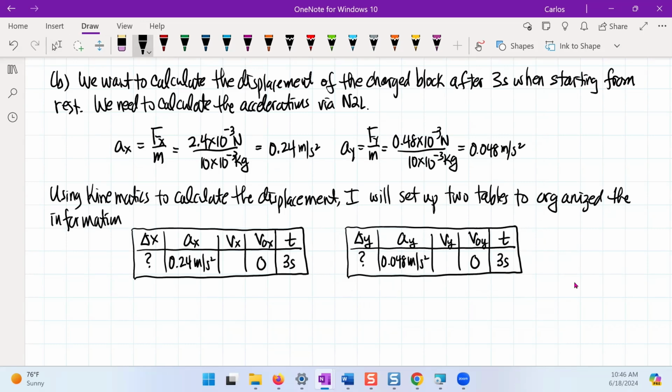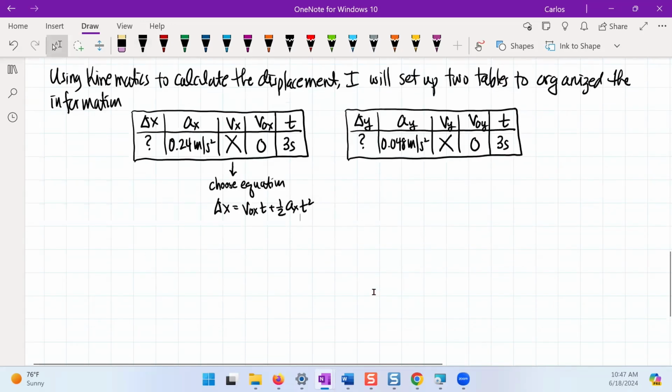The one thing that we don't have is the final velocity in the x and y directions. That unknown quantity tells us how to choose the kinematic equation. So we choose delta x equals v initial x t plus 1/2 a x t squared, and the same thing happens with the y. So now that we know the equation, we can calculate displacement.